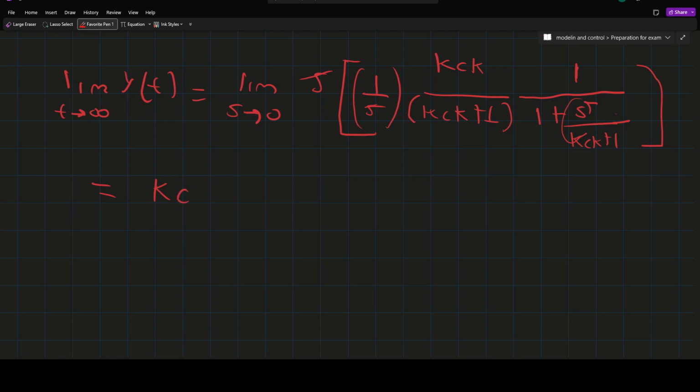So the value is gonna be Kc K over (Kc K + 1). This is our final value for our proportional controller.